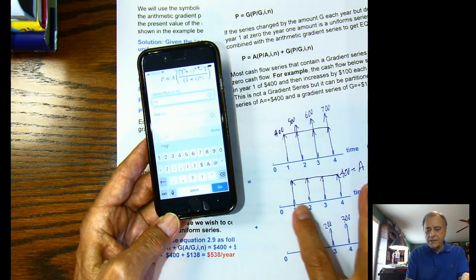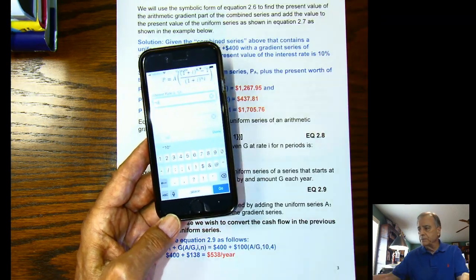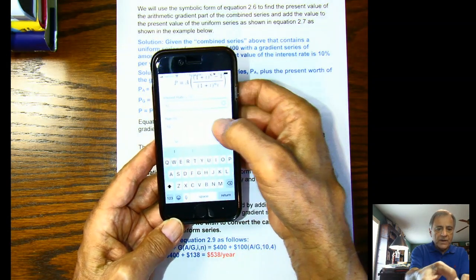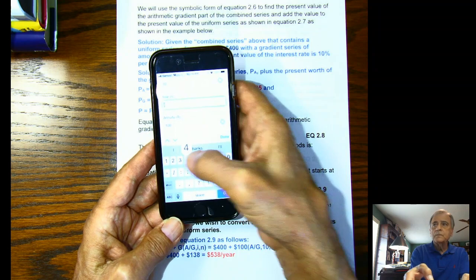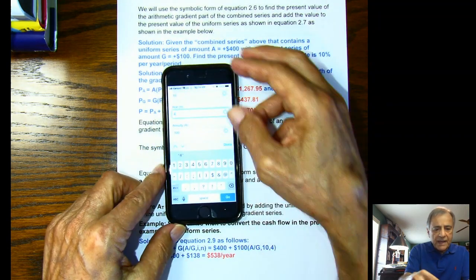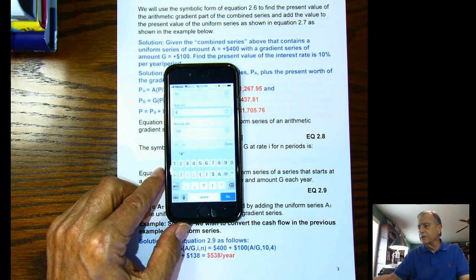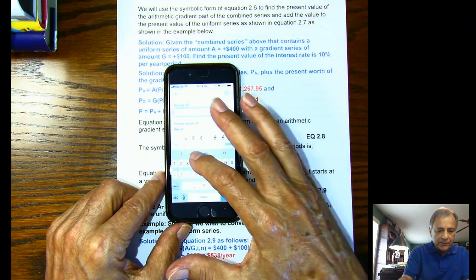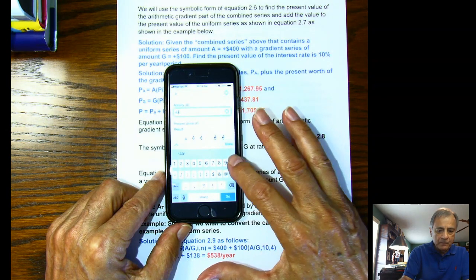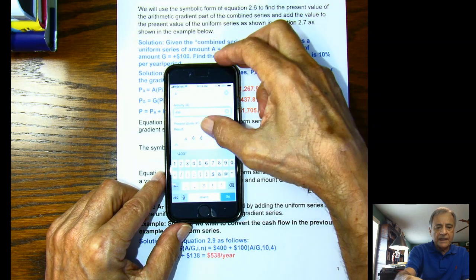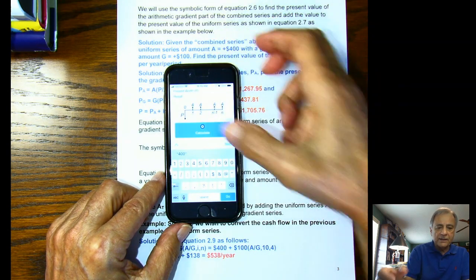Recall, that's a 4-period series, so I put in 4 for N. Then it asks me for the annuity value, or the A value. Recall, that's 400, so I put in 400. Whoops, I got one more 0 to get. Then I scroll up and tell it to calculate.